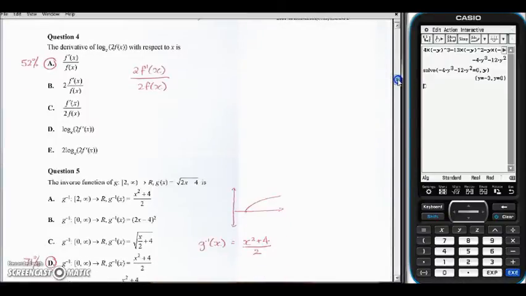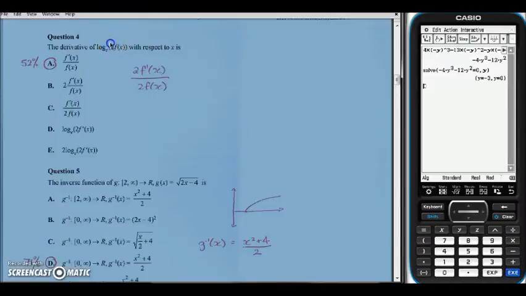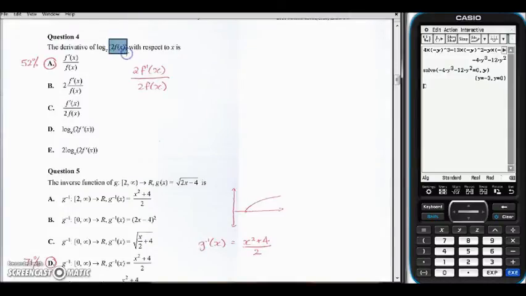Alrighty, question 4. The derivative of log of 2f(x) with respect to x is. So with this one, to differentiate that, it doesn't matter what f(x) is. Let's just say, for example, it was x. In order to differentiate that, you'd use the chain rule. So to differentiate what's inside the brackets, 2 times f(x) would be 2 times f dash of x, and then you would have multiplied by 1 on 2f(x).